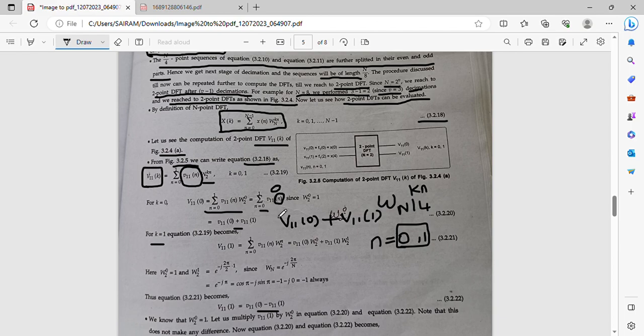So summation, what is it? It's an addition of two or more values. That is why I have written V11 of 0 plus V11 of 1, right? I guess you understood. It is written in the textbook, but I am telling you how it is written.